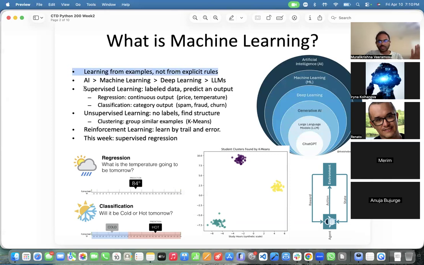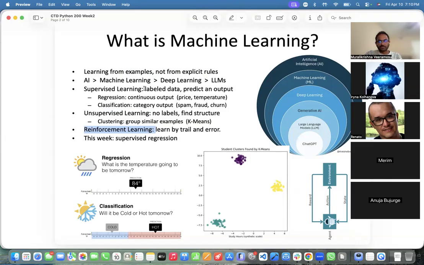In machine learning, there are three types of learning: supervised learning, unsupervised learning, and reinforcement learning. Supervised learning is where we give labeled data to the machine learning model. Labeled data is where it will have an input and output.